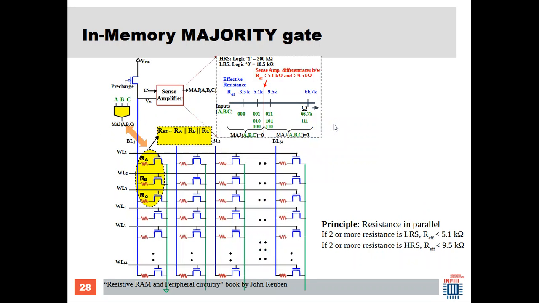And I also discuss the in-memory majority gate, where you have the inputs to the majority gate as three resistances programmed here in the 1T 1R array, and you activate all three word lines simultaneously, and you sense the effective resistance, and you could have a majority gate like this. So the operating principle is sensing resistance in parallel.